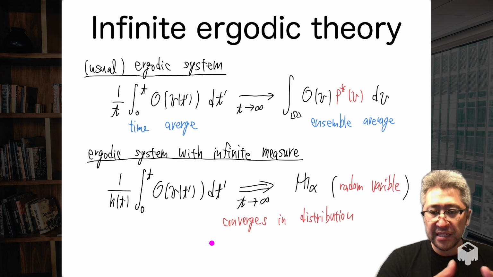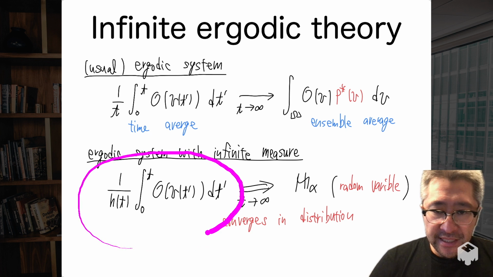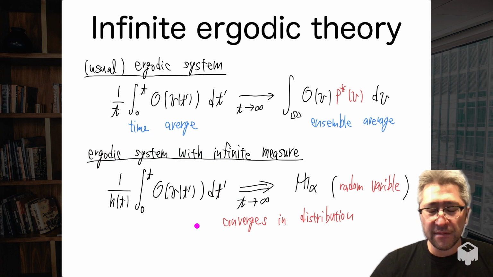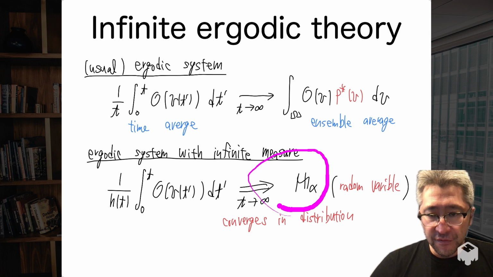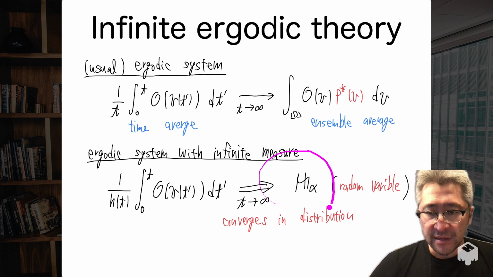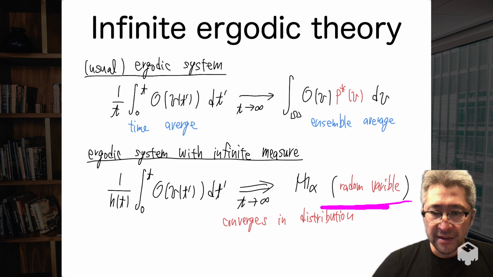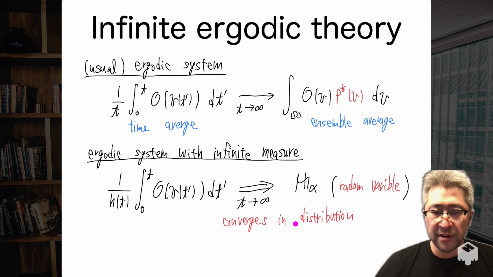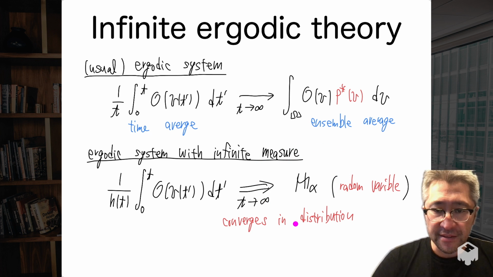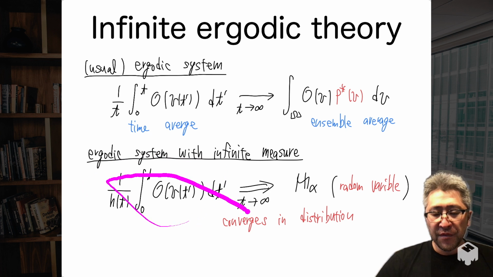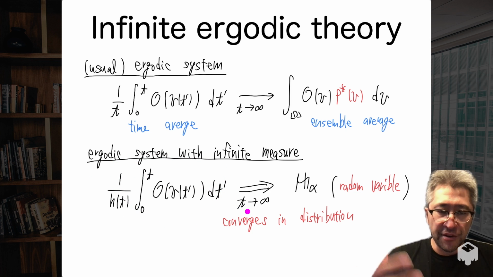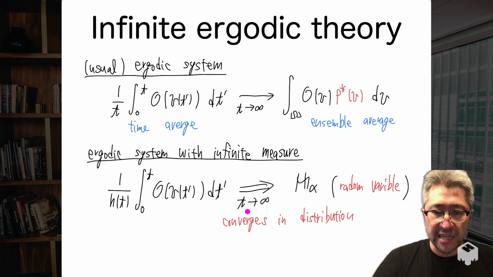This convergence in distribution means this time average itself is not constant. It's a random variable. So here we set Mittag-Leffler alpha. This is a random variable, very important. But this is converged, which means the distribution of this random variable is universal, it's invariant. So you have many trajectories and you have many time averages, and you can calculate the distribution of this time average.